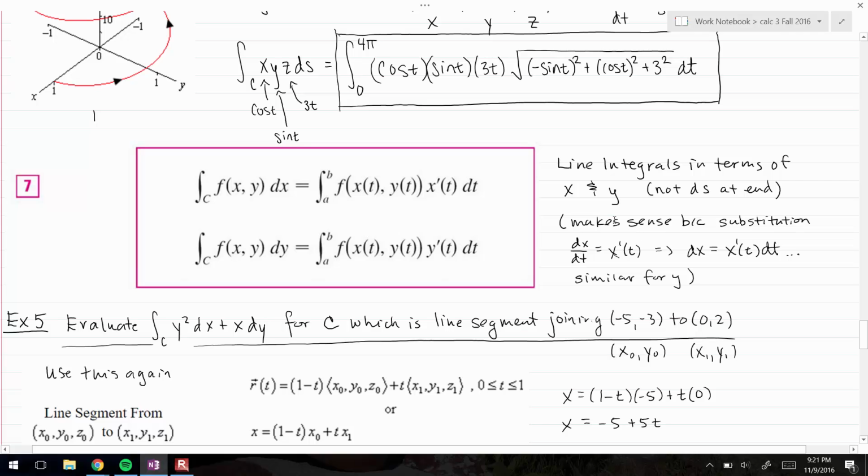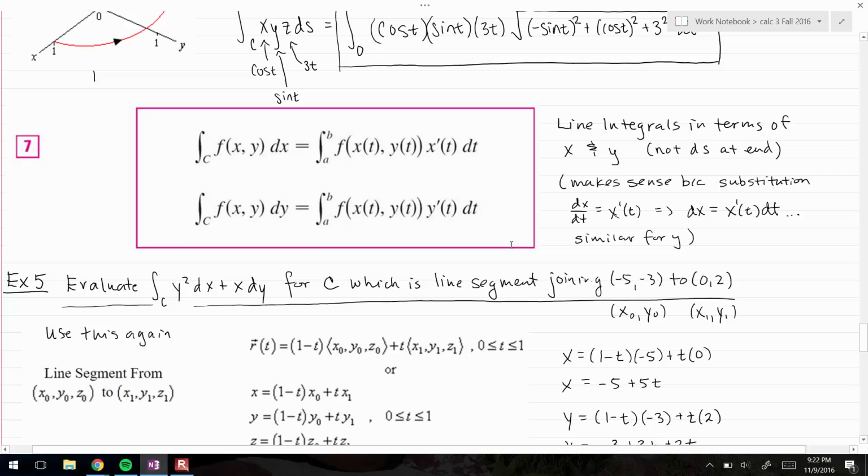That makes sense in the context of u-sub: if you have your dx here and you're trying to write that in terms of t, then your dx over dt can be represented as x prime of t, and that dx then is x prime of t dt, solving for that differential dx. So you just do your stuff there, and then you do that integral with respect to t as we were doing with ds.